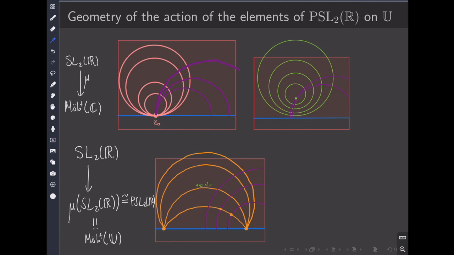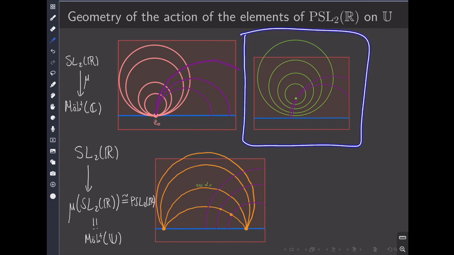Now the elliptic ones look like this. You give me an elliptic Mobius transformation that preserves U bijectively. It has two fixed points, and one proves that none of them lies on R bar, and that as complex numbers they are conjugate.